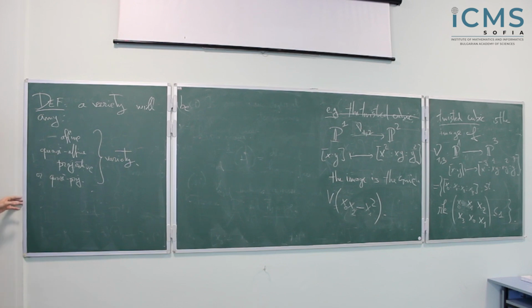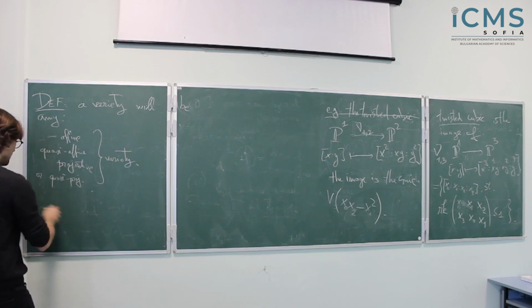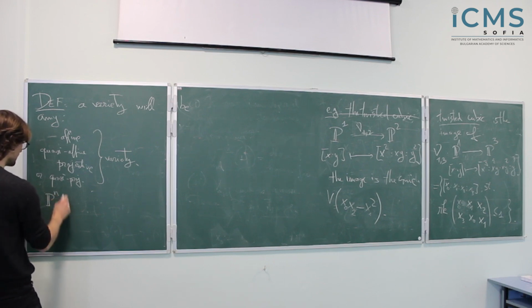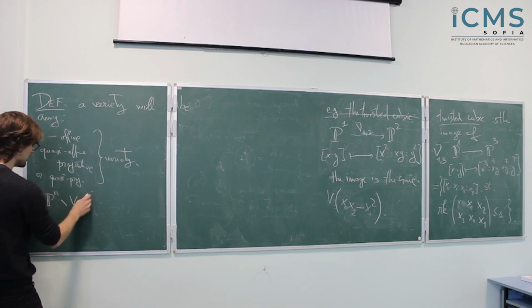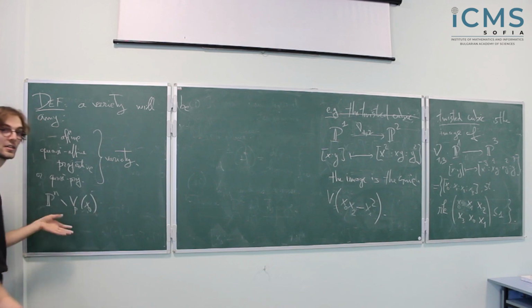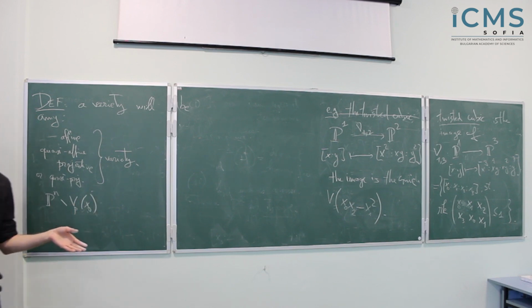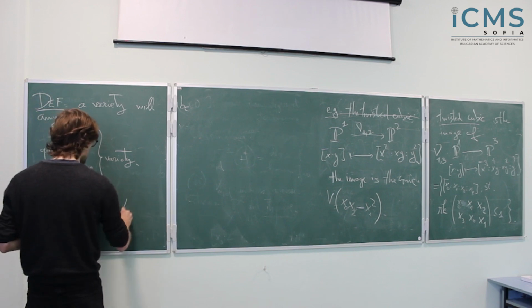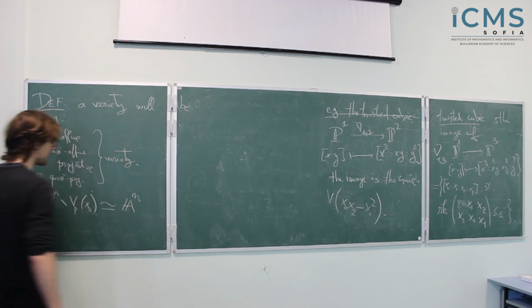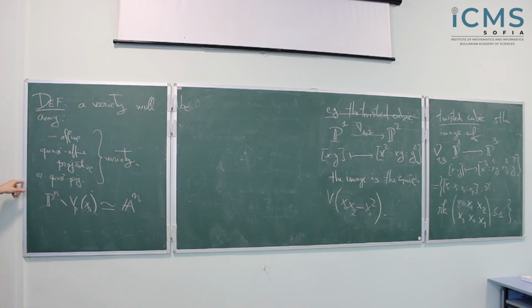Now, there's a funny way to see this, because if you consider Pn minus V of x0, this is an open set, right? But we've seen that this is actually isomorphic to A of n, right?